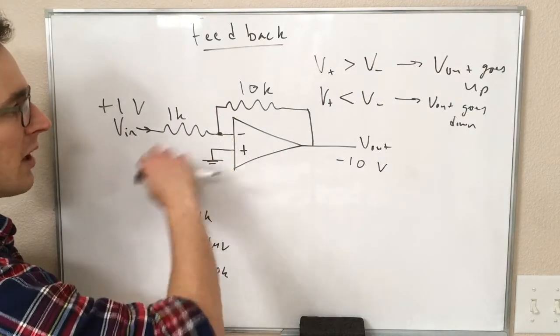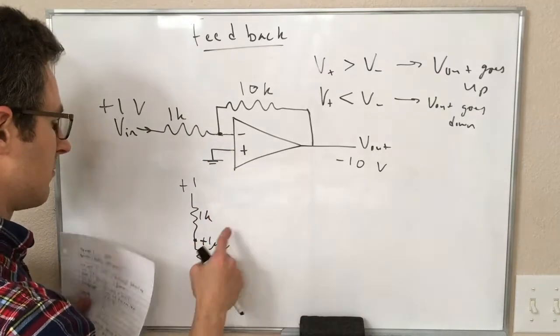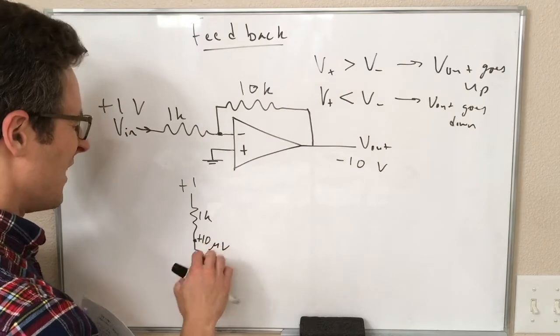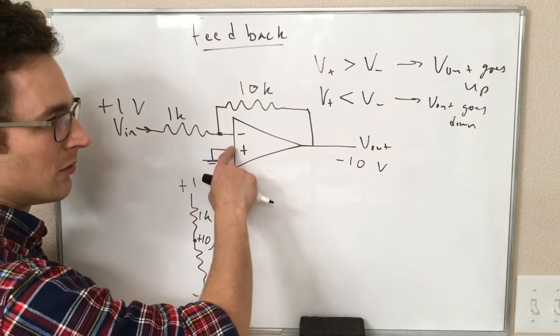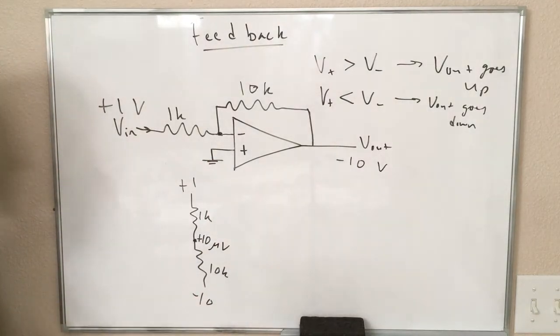I multiply that by 1,000,000, and that's going to give me 10 microvolts.